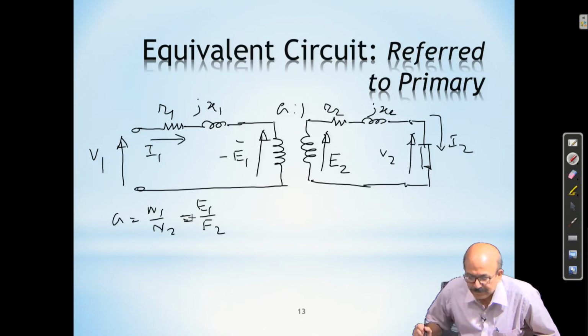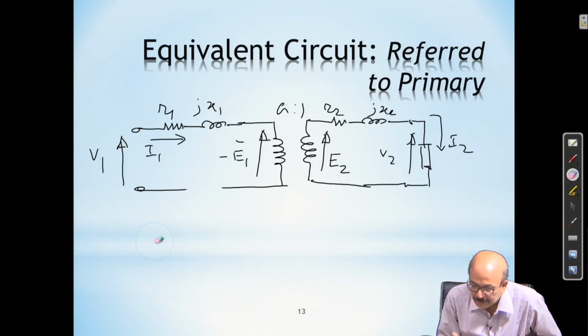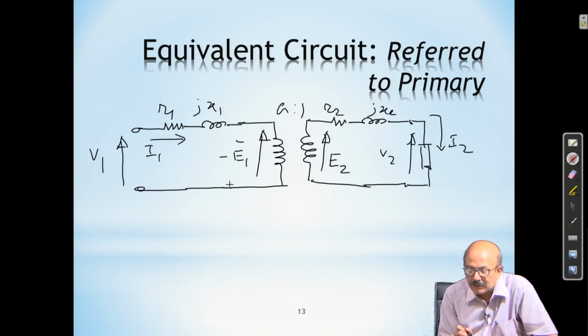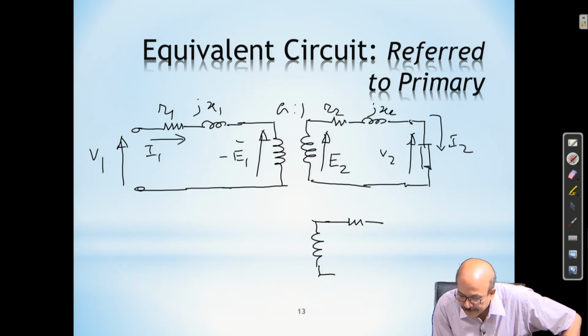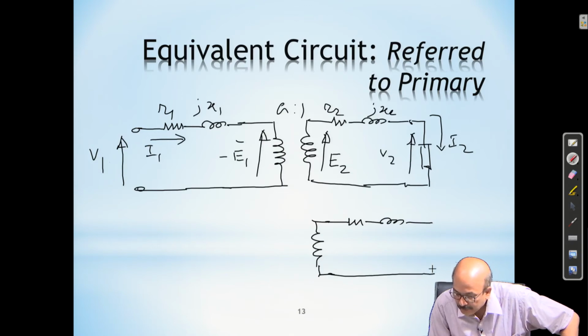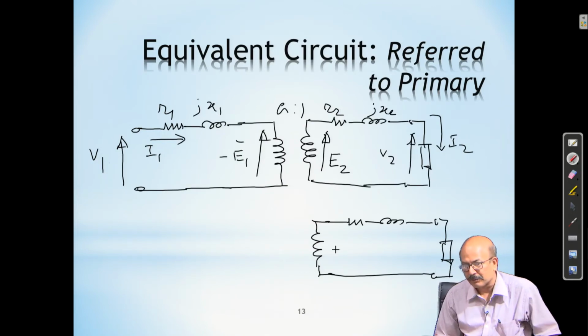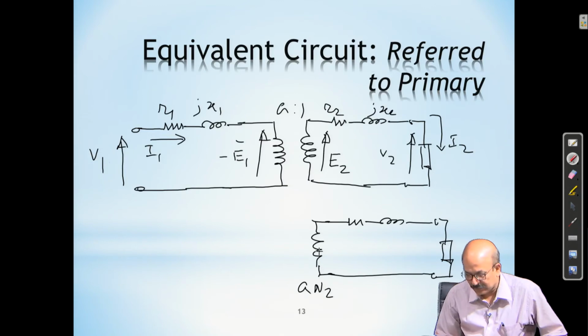Next, if we try to have some exercise, we will consider a fictitious secondary, and then check what we are doing. We have a fictitious secondary where the number of turns of the secondary is the same as the number of turns of the primary. So, we make it a times N2.